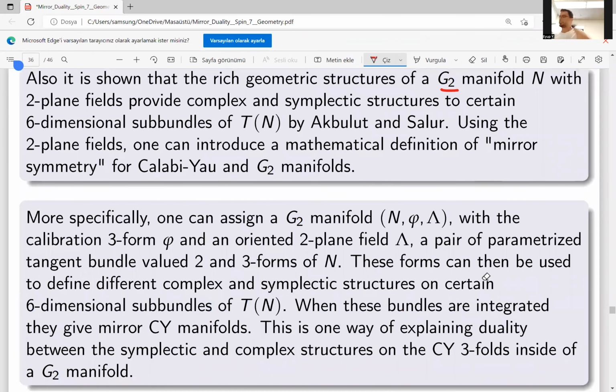More specifically, they studied if you have two plane fields on G2, and Thomas showed that directly each G2 space contains two planes at the tangent spaces. They have a nice proof. We have the calibration, and we have oriented two plane fields. You can construct the mirror Calabi-Yau manifolds, and we wonder, can we find this in Spin(7) geometry?